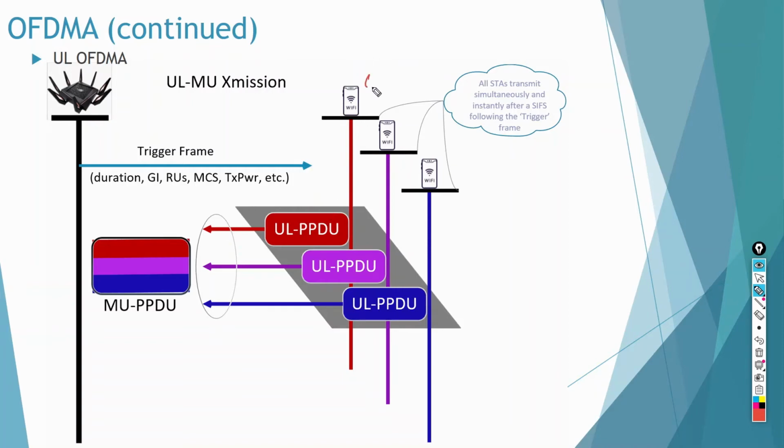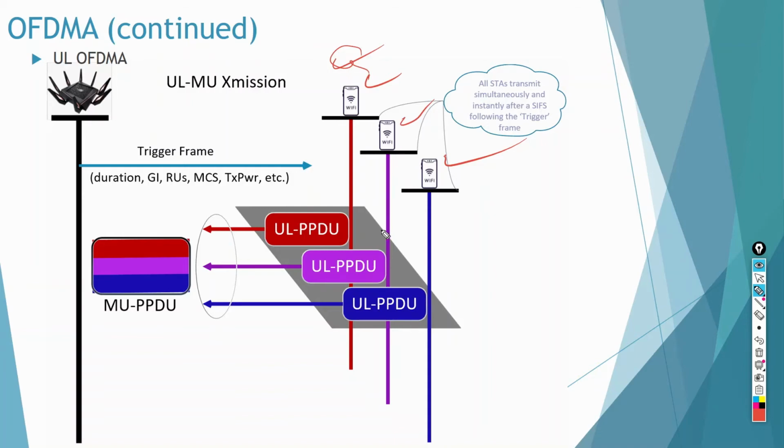Now, assume I have these three users connected to the access point, and this one is located at the edge of the cell. Okay, this one is in the middle between the edge and the access point, and this one is sitting under the access point.